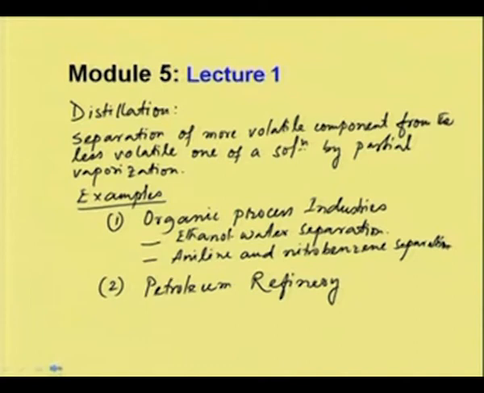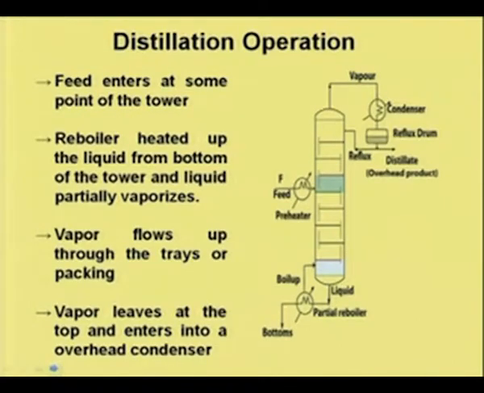A typical distillation column looks like this. This is a tray column where the feed is preheated and then fed to the tower, either in the middle or at some point.